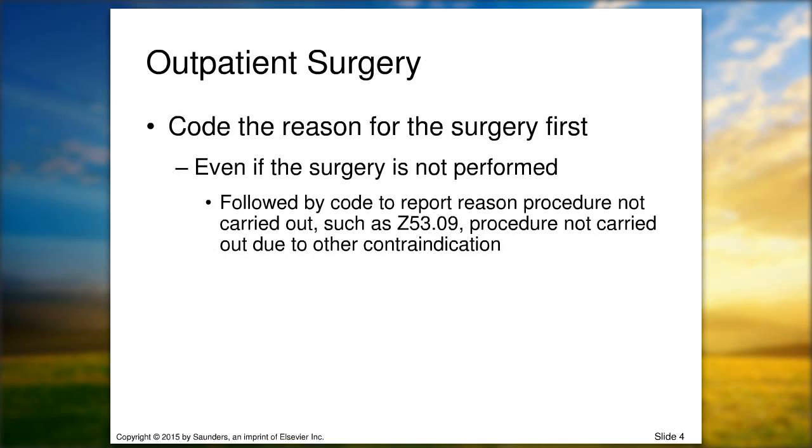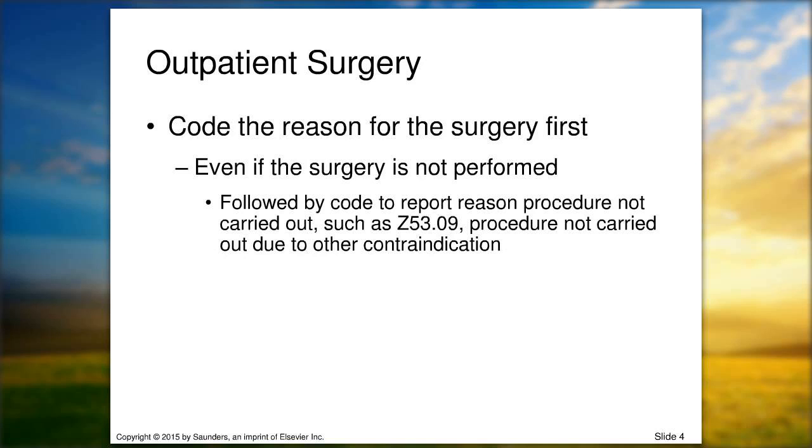For outpatient surgery, page 53 in your step-by-step book, always code the reason for the surgery first, even if the surgery is not performed, followed by the code to report the reason the procedure was not carried out.